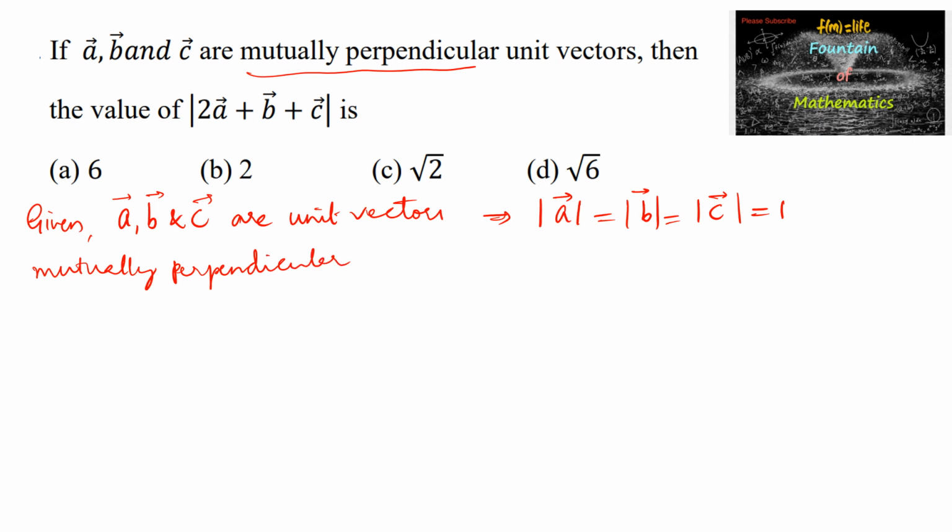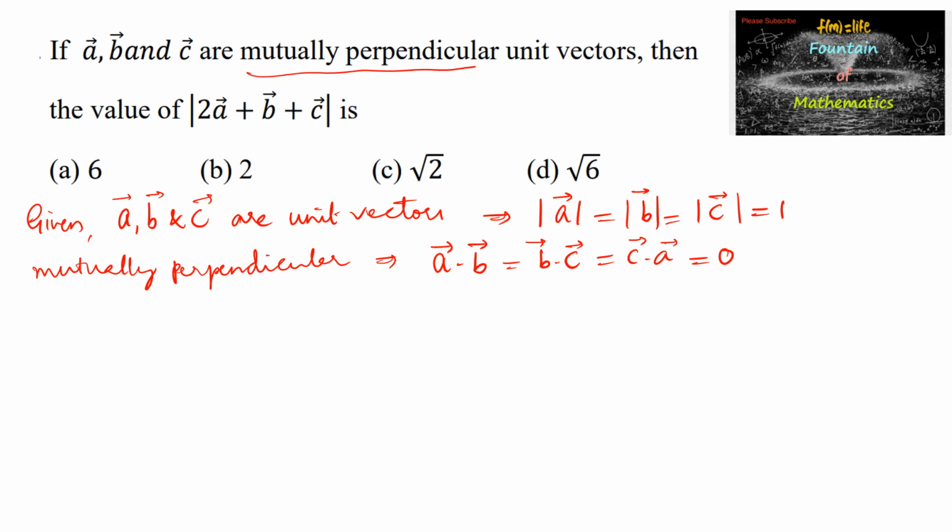We know that when two vectors are perpendicular, the dot product is 0. So we can say A dot B and B dot C and C dot A is equal to 0. They are mutually perpendicular unit vectors.